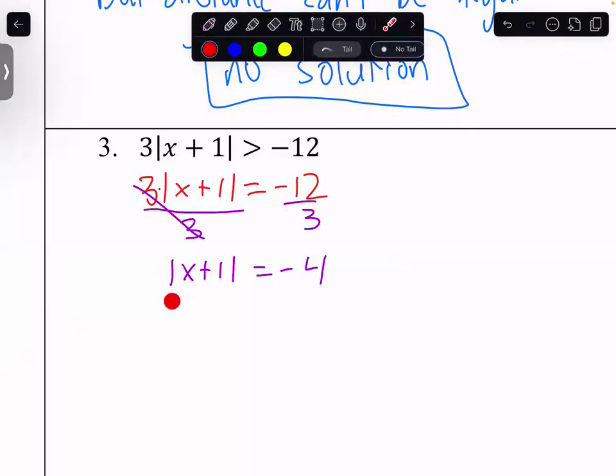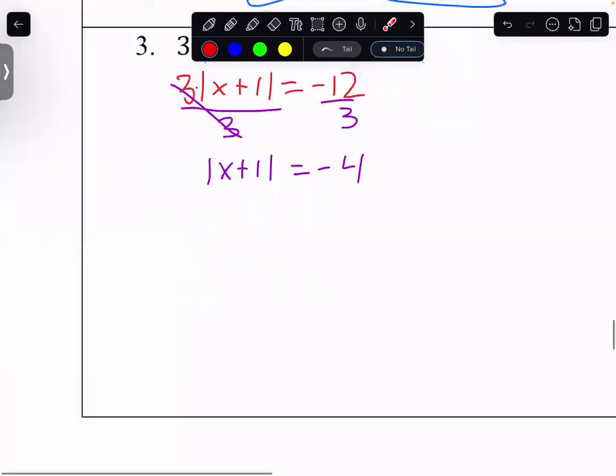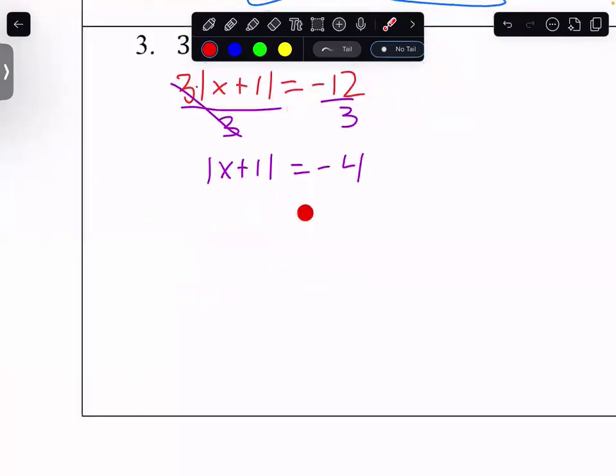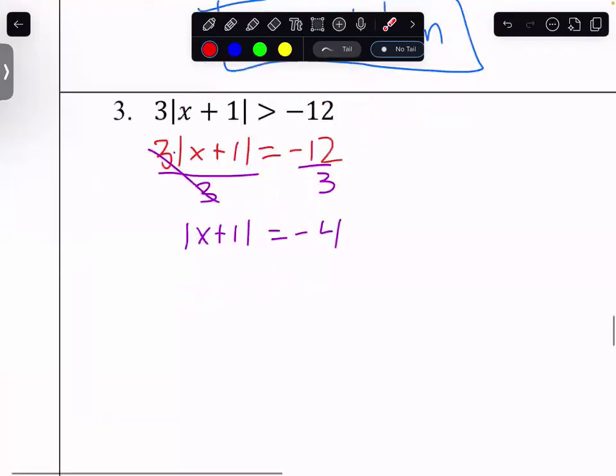Okay, and so at this point, the absolute value is by itself, and it equals a negative. If the original problem had been an equation, we would just say no solution and we would be done. But because the original problem was an inequality, we need to try a number.